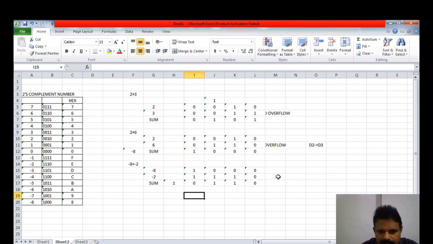This is our D3, this is D2, this is D1, and this is D0. Is there any carry from D2 to D3?